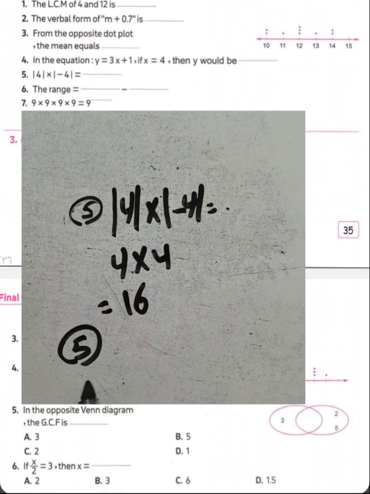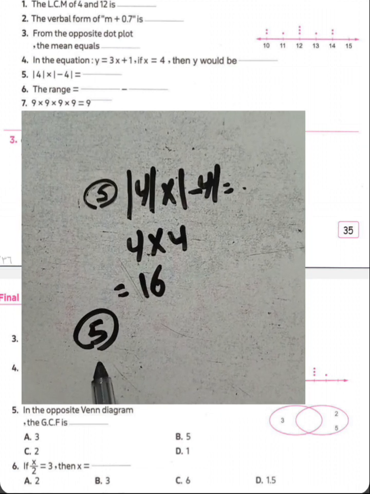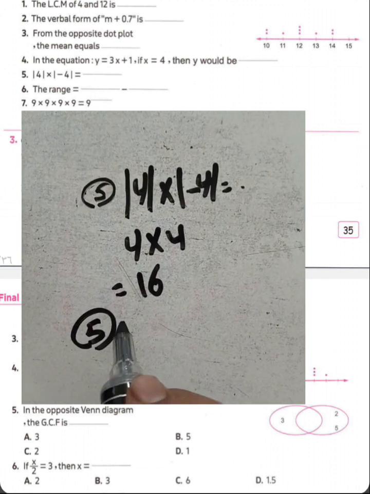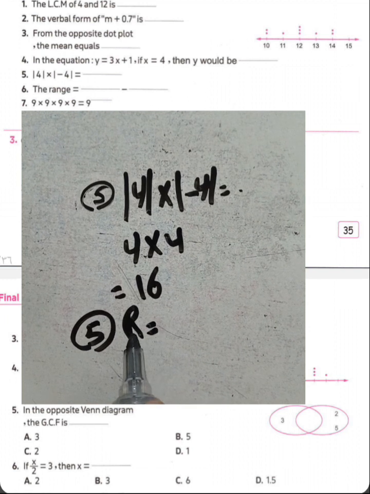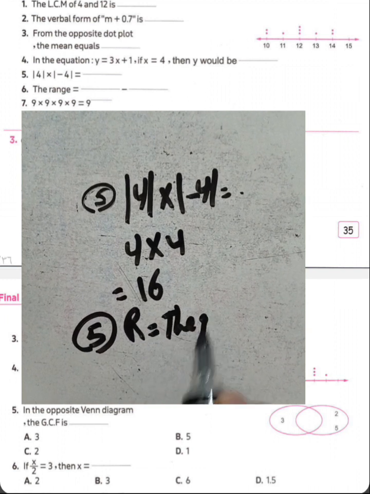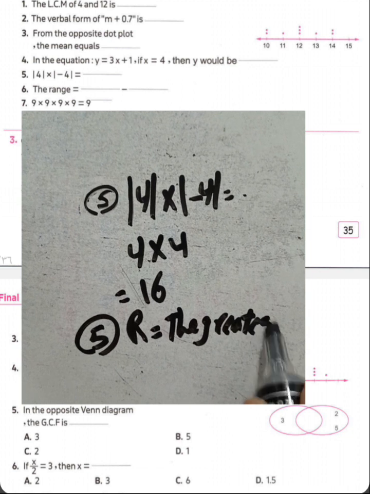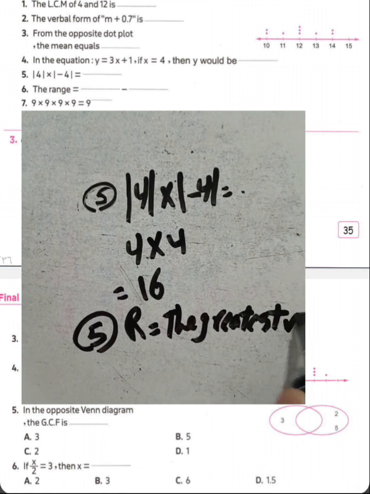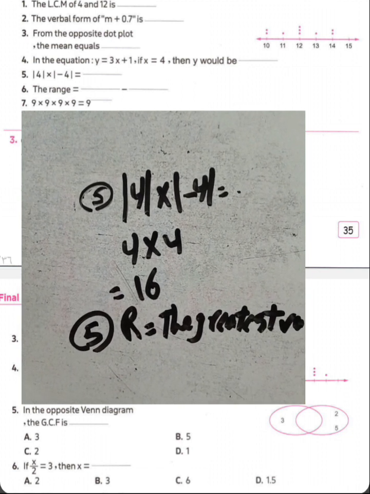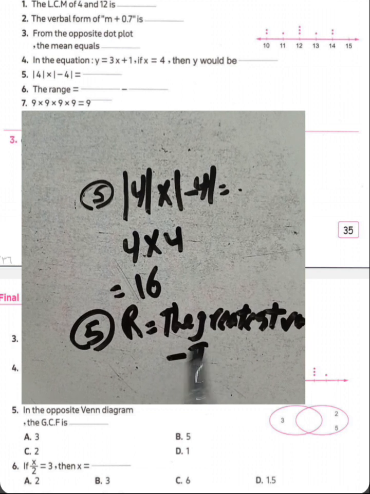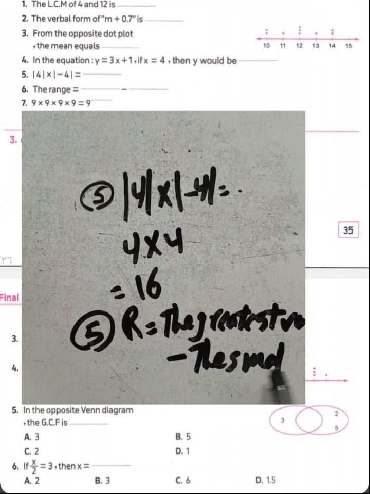Question number 6. The range equals the greatest number minus the least number. The greatest minus the smallest.